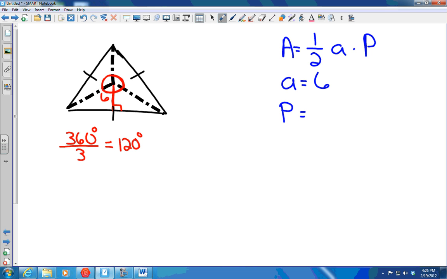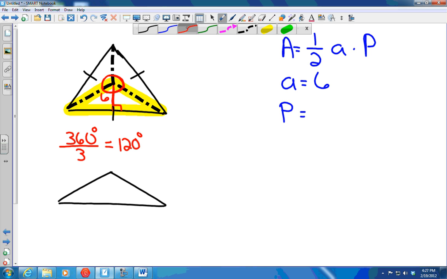If I just pluck out this triangle and look at it separately, we already know that it has an apothem of 6, and this angle right here is 120 degrees. We just calculated that.